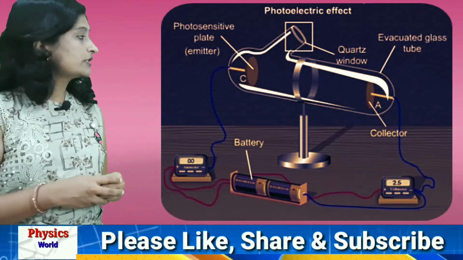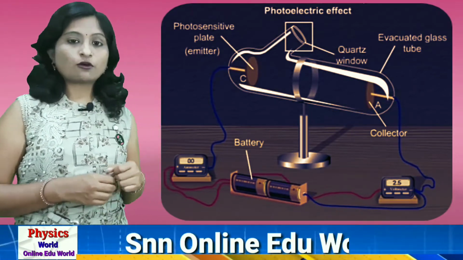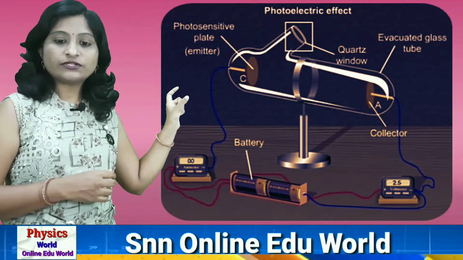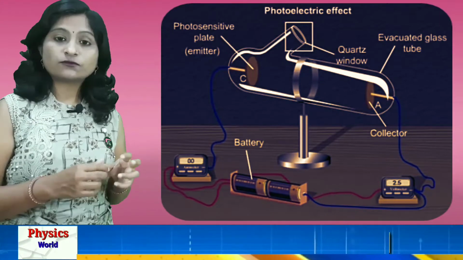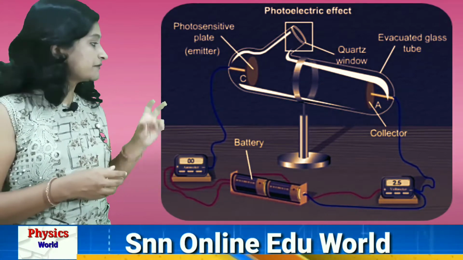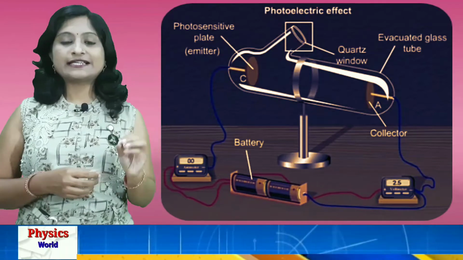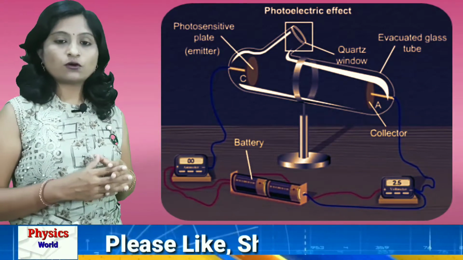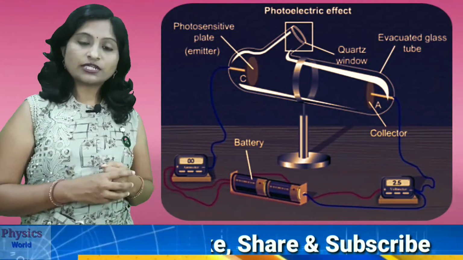Now there is a window-like structure in the upper part of the tube, called a quartz window. It is kept such that light entering through this window falls directly on the cathode, the emitter.